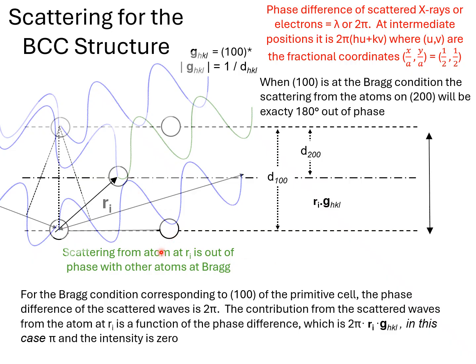Here we're looking at a projection, in this particular case, of a body-centered cubic cell. We're looking down one axis of the cube, and we're looking at the projection of the atoms on that cube.